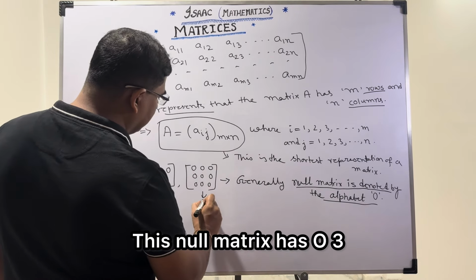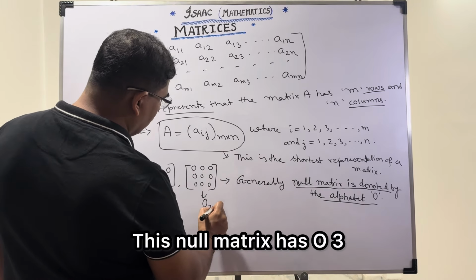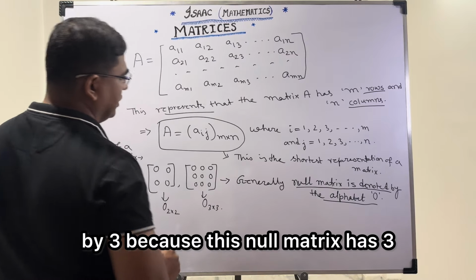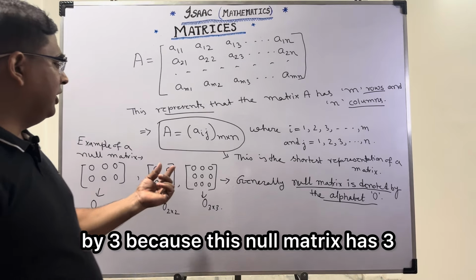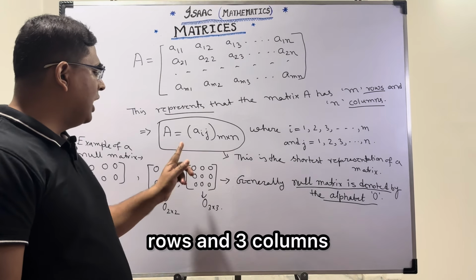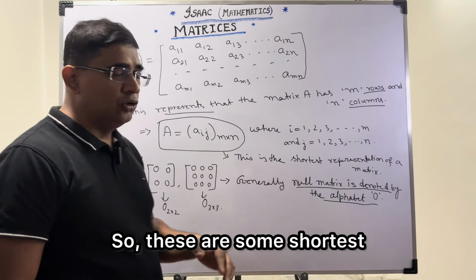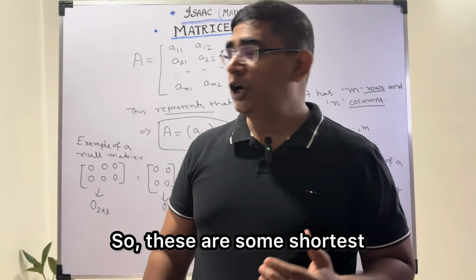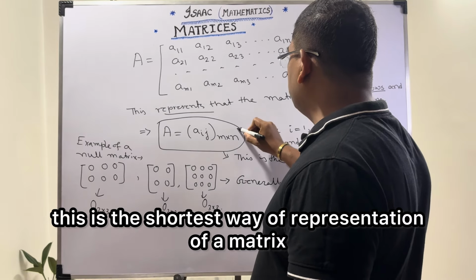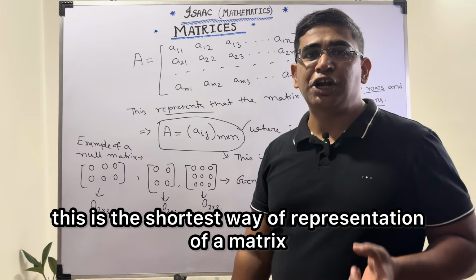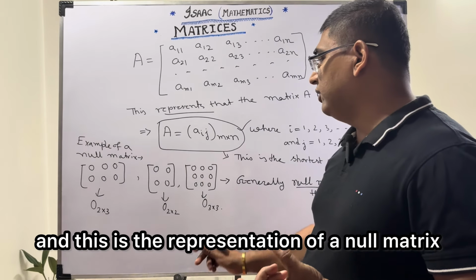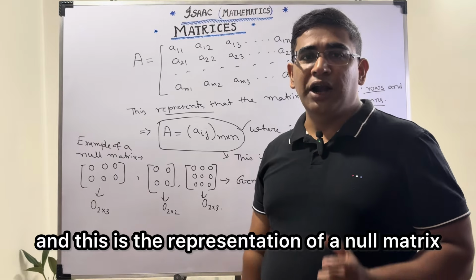This null matrix is O 3 by 3 because it has 3 rows and 3 columns. So this is the shortest way of representation of a matrix, and this is the representation of a null matrix.